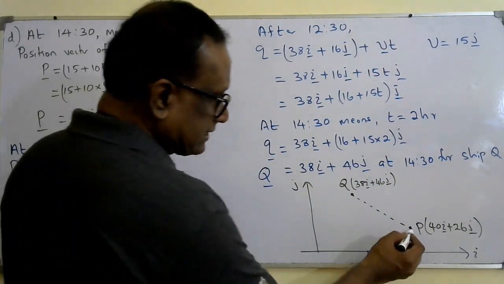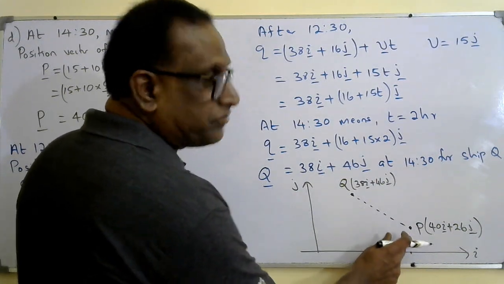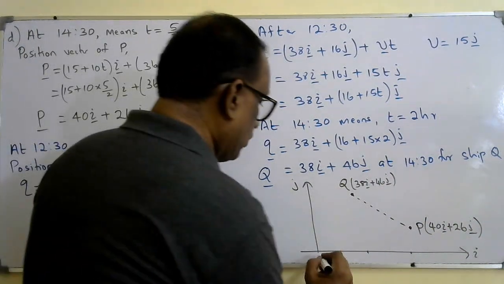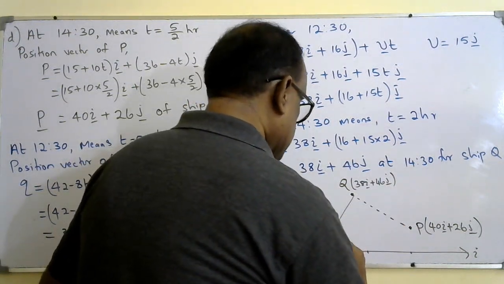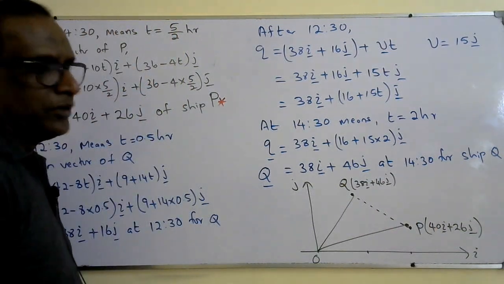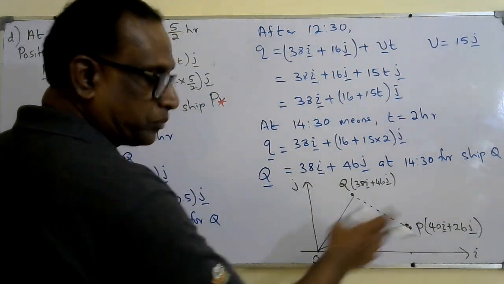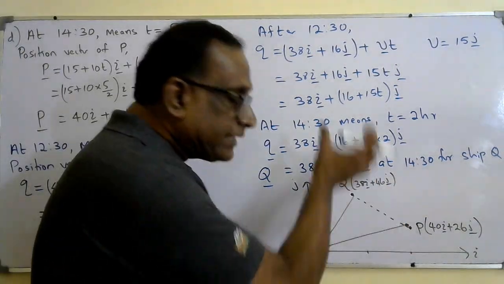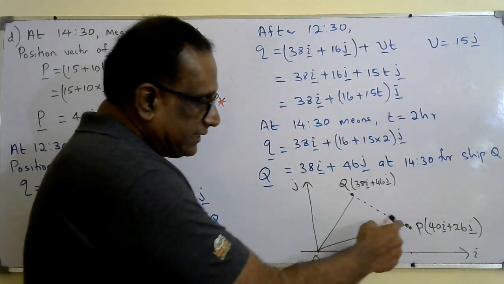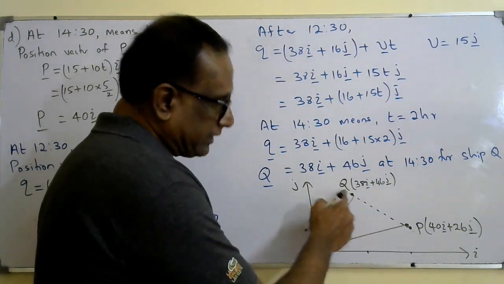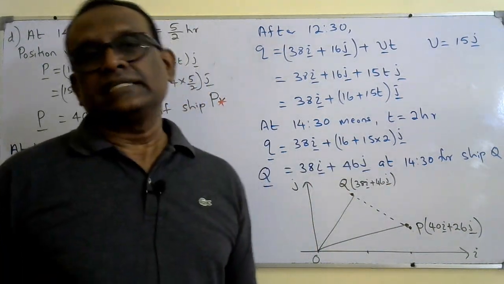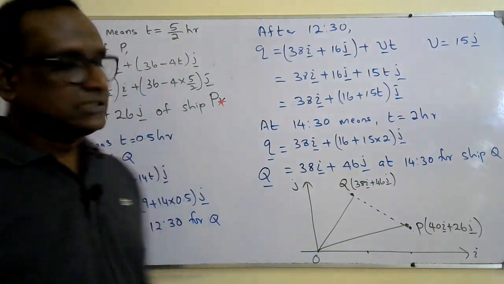This is the position of P and Q at that time. We need to find this distance. To find it, we first need to find the magnitude. They ask you to find the magnitude of the PQ vector. This is O, this is OQ, this is OP. We need to find either PQ or QP, whatever it is, no problem. Then we find the magnitude of that vector, which is the distance between P and Q, because they are giving the position vectors. That's the distance between the two ships.